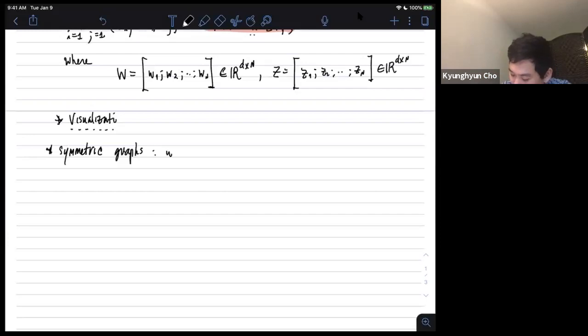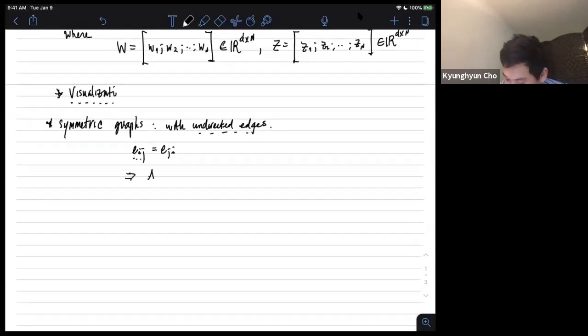And in the undirected case, what this implies mathematically in our framework is that e_ij, the strength of the edge going from the ith node to the jth node, is going to be identical to e_ji, the strength of the edge going out of j into i. What it means is that this edge doesn't really have a direction. And in this case, this implies that A, the adjacency matrix, is symmetric.